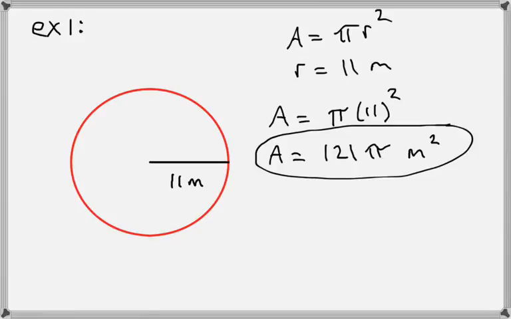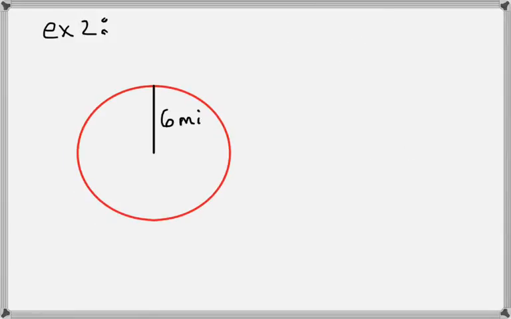Let's look at a second example. Here we have a circle with a radius of 6. Again, our formula for area is pi times the radius squared. So in this instance, our radius is 6 miles. So we can plug into the formula.